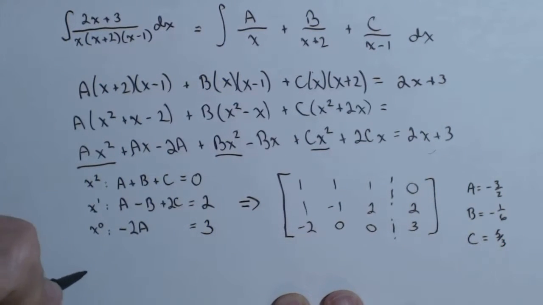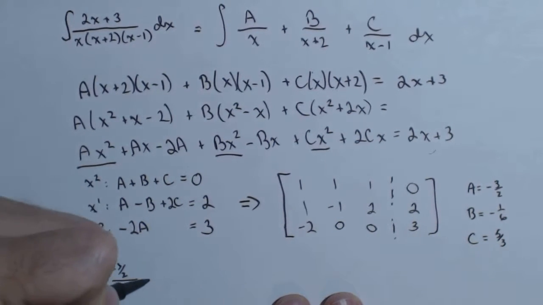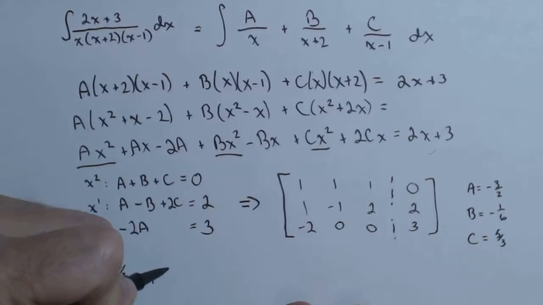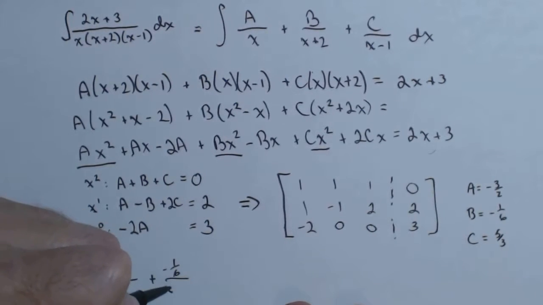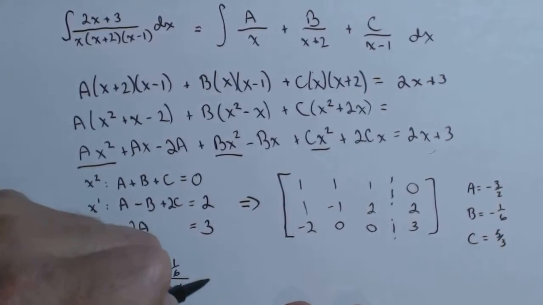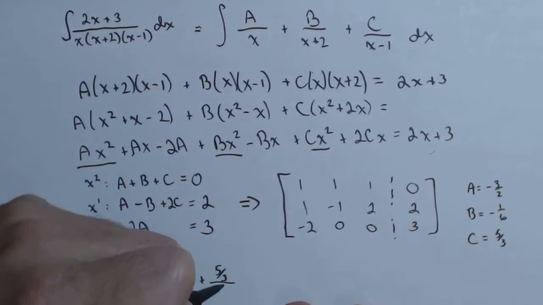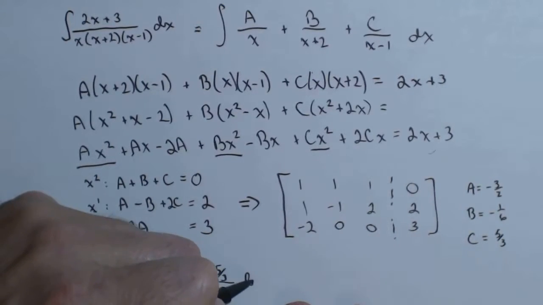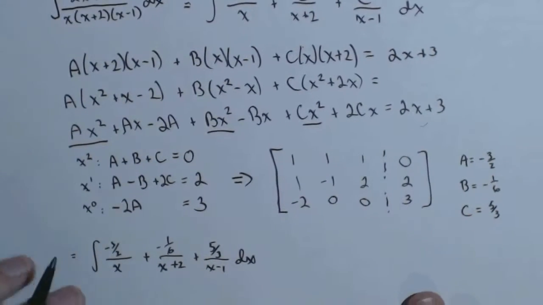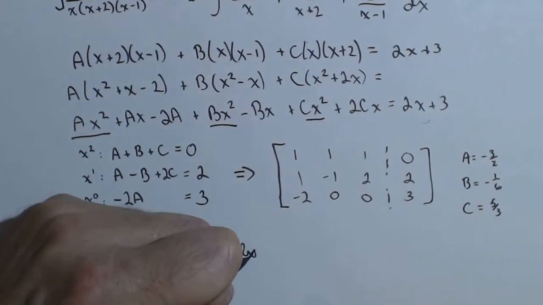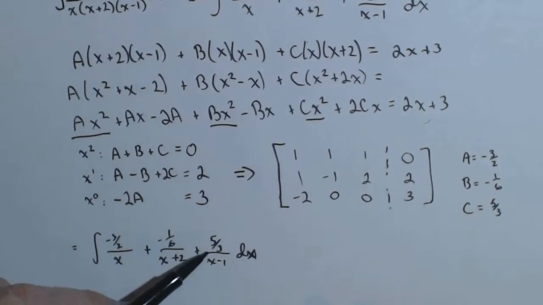Now, let's put this all together. So we got the integral of -3/2 over x plus -1/6 over x plus 2 plus 5/3 over x minus 1 dx. Since we've already spent a lot of time on this one, I'm going to quickly go through the last part, but these are just constants.